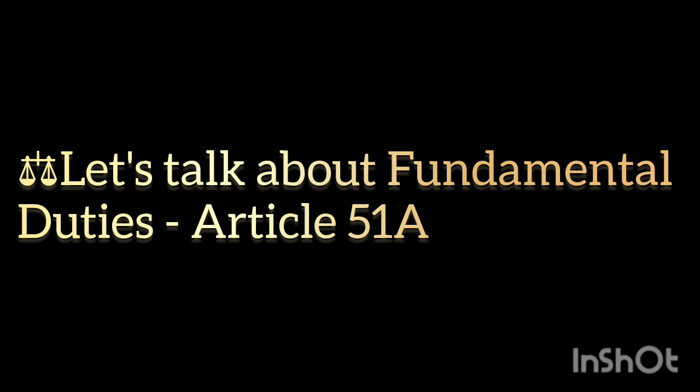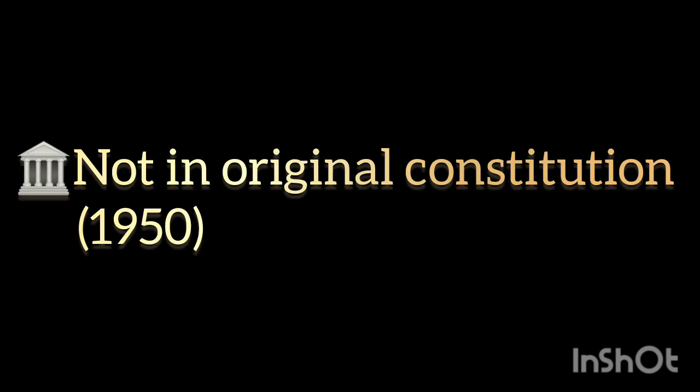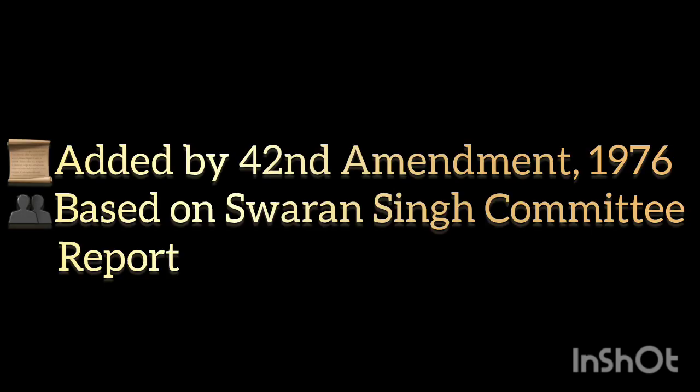First things first. Fundamental duties were not part of the original Constitution of 1950. In 1975, during the emergency, the government felt the need to balance people's rights with responsibilities. So, the Swaran Singh Committee was formed, and based on its recommendations, the 42nd Amendment Act 1976 added Part 4A with 10 duties.